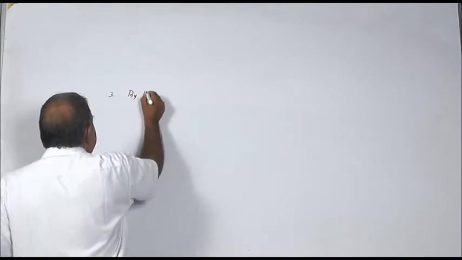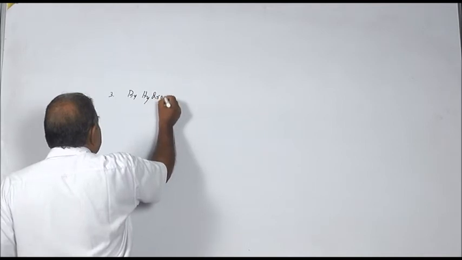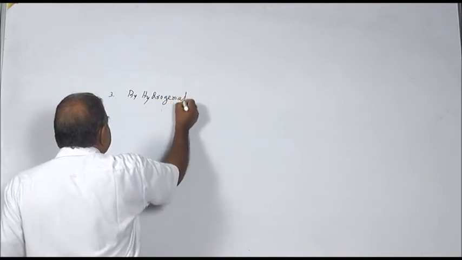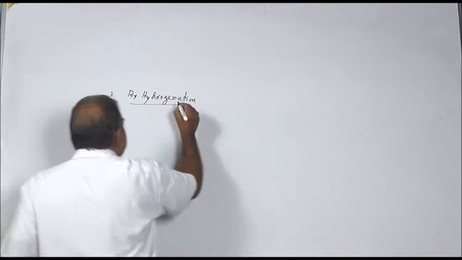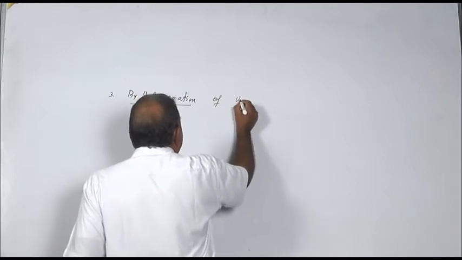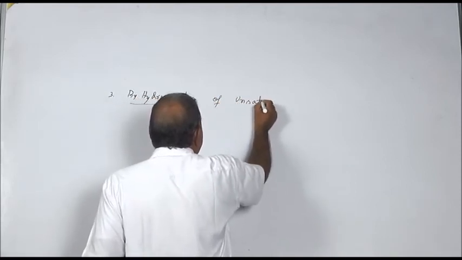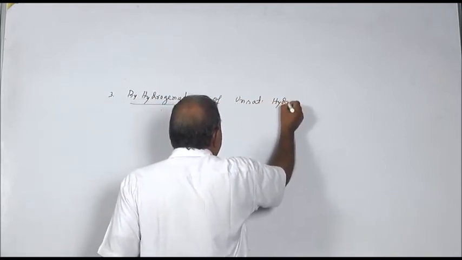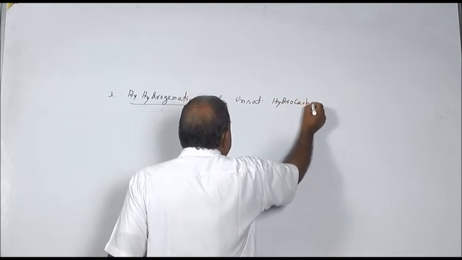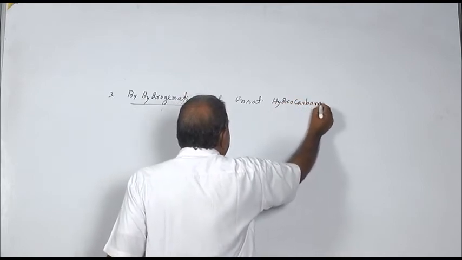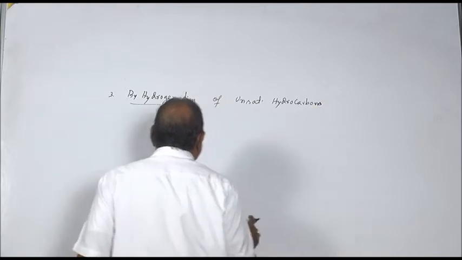The third process is by hydrogenation. Hydrogenation means hydrogen will add up. Hydrogenation of unsaturated hydrocarbons. Unsaturated hydrocarbons means alkenes or alkynes.